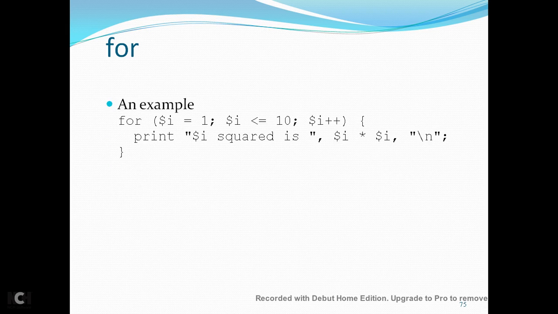A simple example is for $i, initializing the value i equal to 1. If i is less than or equal to 10, then it needs to be printed. If not, then again it increments the value here itself and it checks. This loop will iterate until it satisfies these conditions.